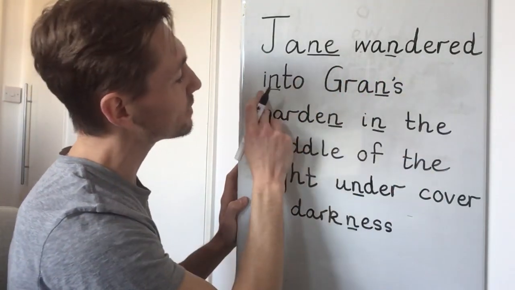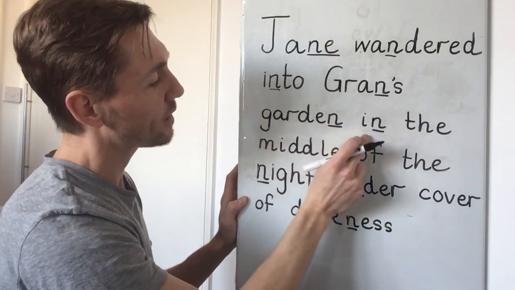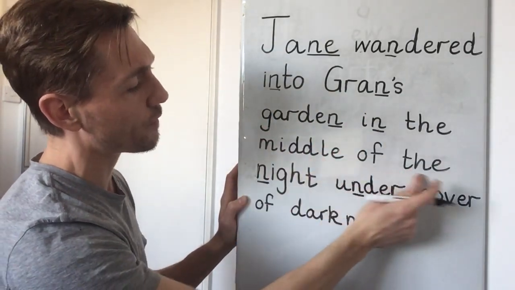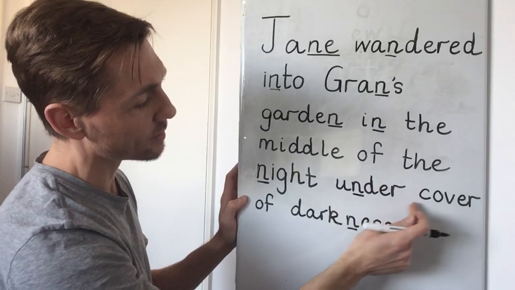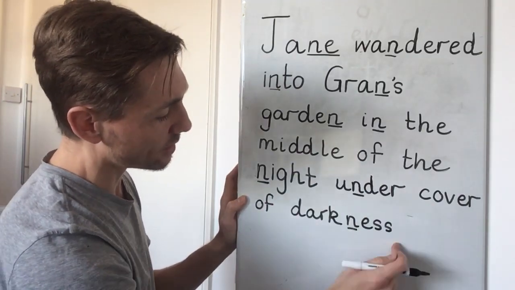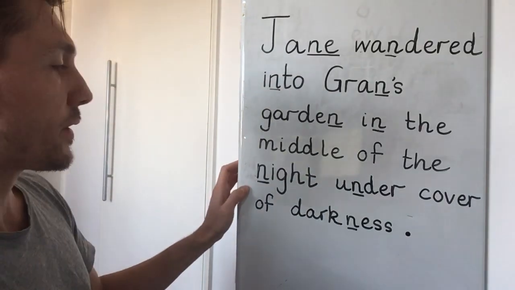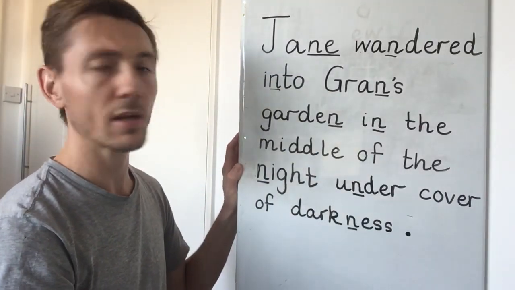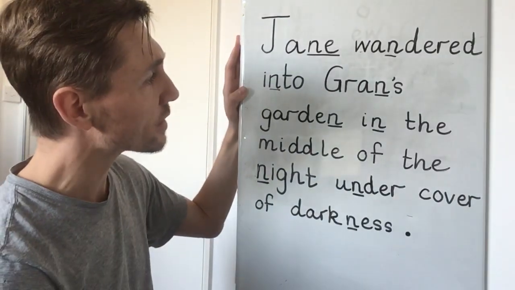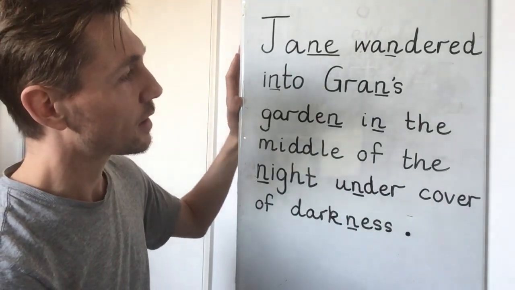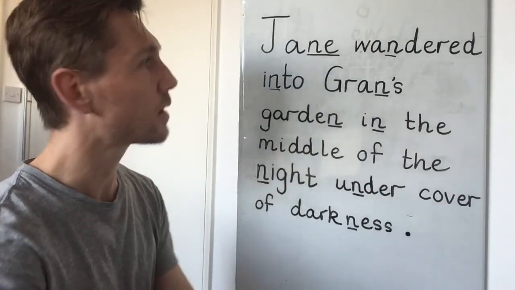Jane wandered into Gran's garden in the middle of the night, under cover of darkness. Full stop. And you've got all of those different spellings of the N sound there. And check that you've got those. And we'll have some more tomorrow.